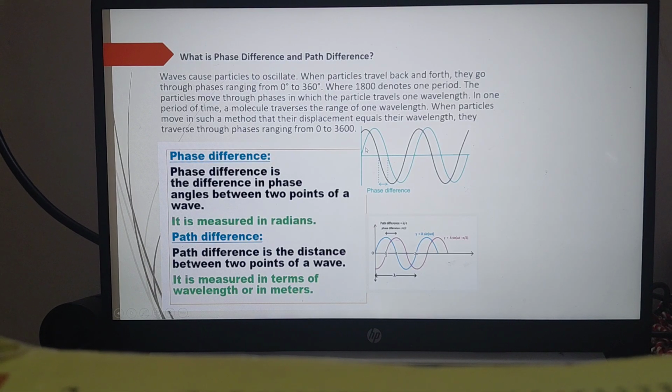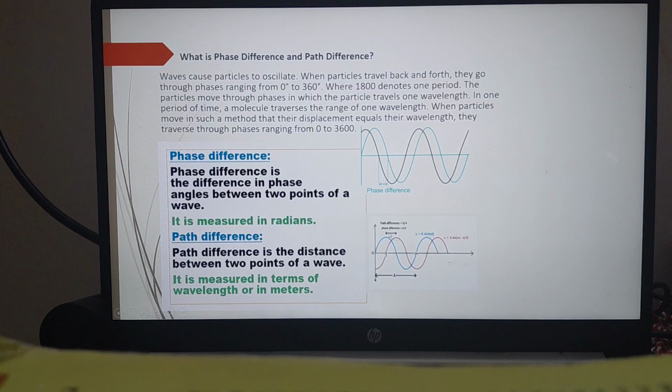Here, two waves are moving along the axis, and here is the difference. Two consecutive waves are traveling, and the equilibrium positions of the two waves differ. This difference is known as phase difference. Then what is path difference?